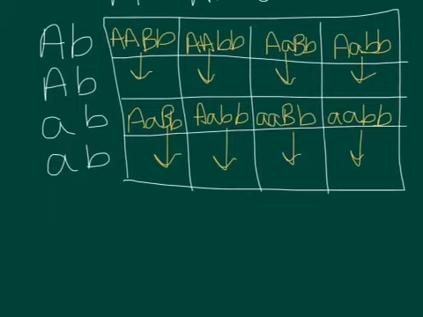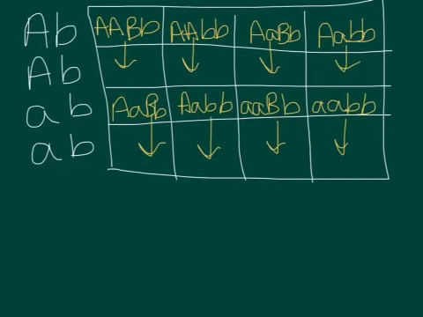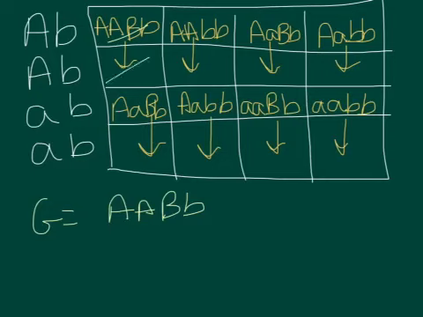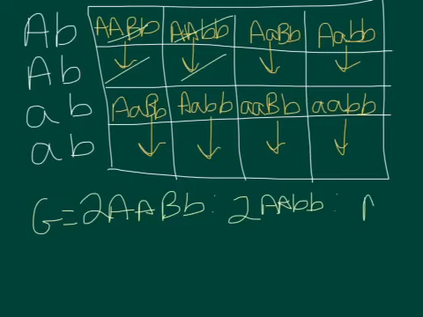Okay, so now we get to list the genotypic and phenotypic ratios. And let's count how many capital A, capital B, little b's we have. Well, we have 1, 2, and that's all. How many capital A, little b's do we have? 1, 2, and that's all. How many capital A, capital B, little b's do we have?